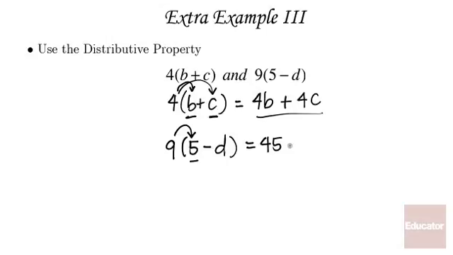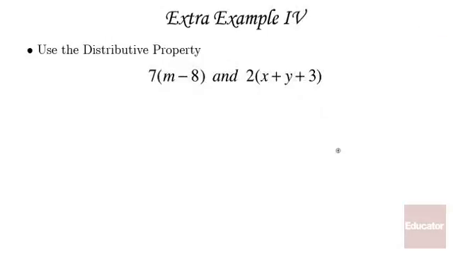You're going to write the sign to separate them, and then 9 times d, which is 9d. So 9d, and I can't combine them, so that is my answer.